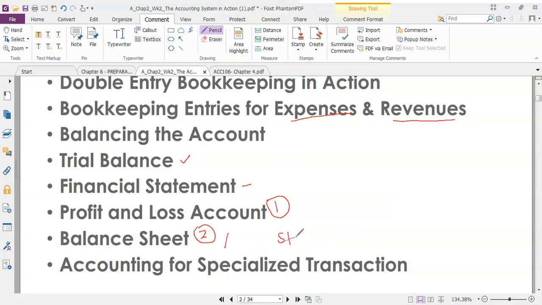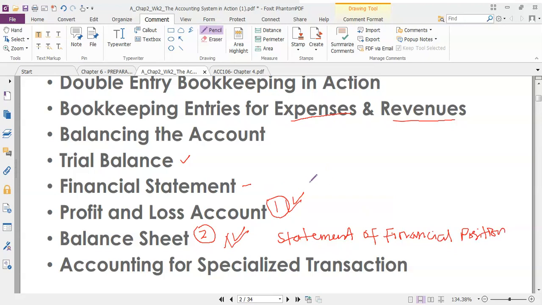Statement of financial position. Okay, other name for balance sheet is called statement of financial position. Okay, this is the thing that you must understand and know how to do in accounting.